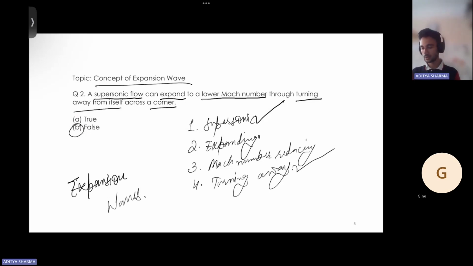Then the question says that it is expanding. That is correct. But in the third point, the question says that the Mach number is reducing.